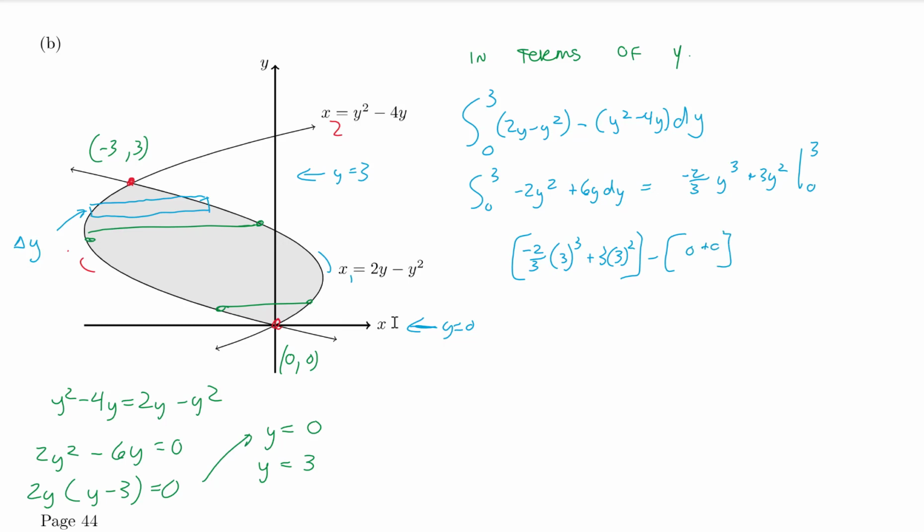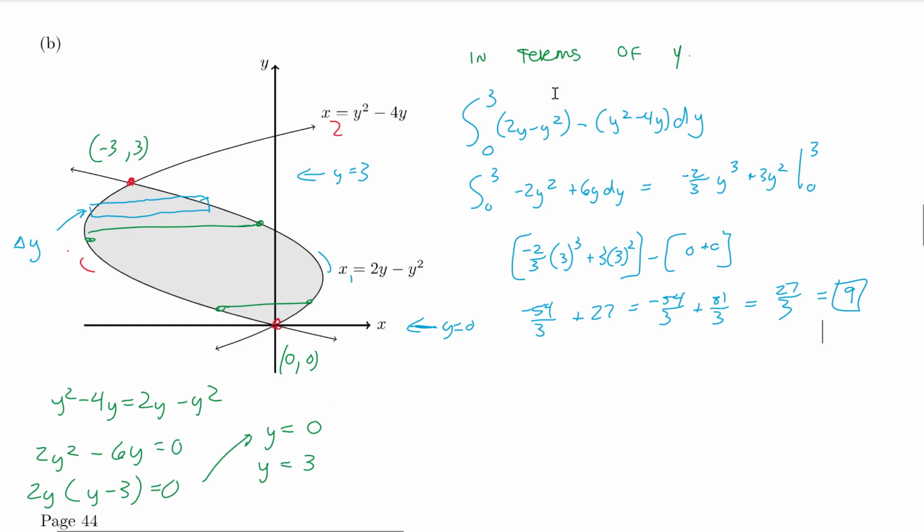So if we simplify here, we get negative 54/3 plus 27, and that gives us negative 54/3 plus 81/3, which is 27/3, which is equal to 9, is the area of this region.